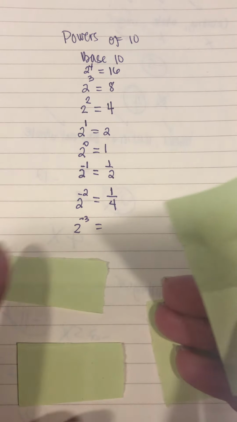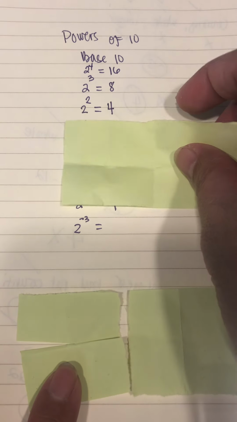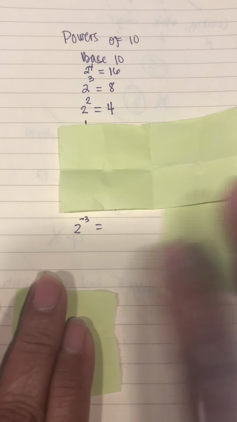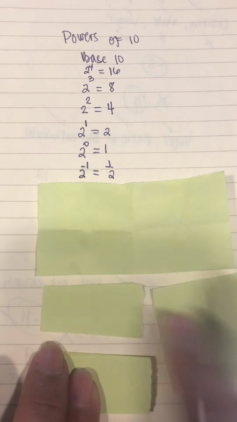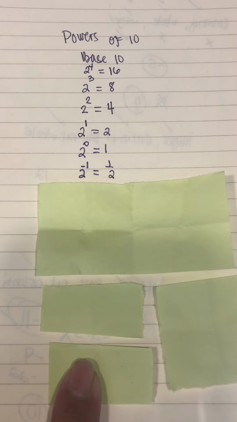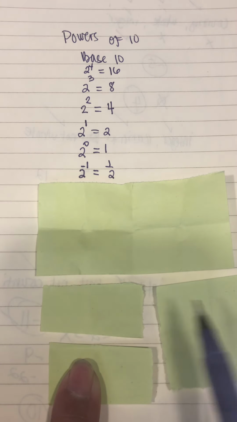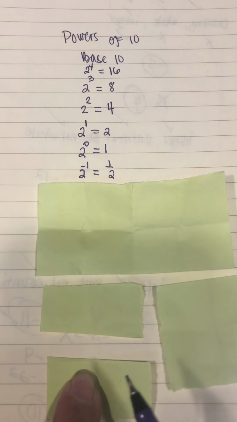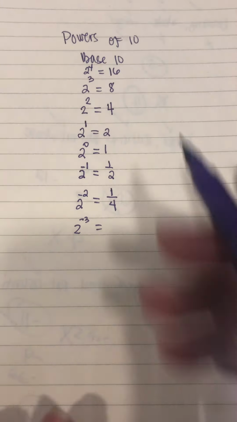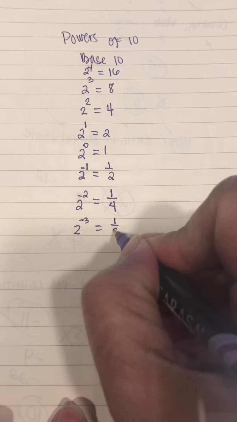So again, it started from first cut, second, third. If I do my third cut, how much is this with respect to the original piece of paper? This is 1/4, so this is equivalent to 1/8. So now 2 to the negative 3 is 1/8.